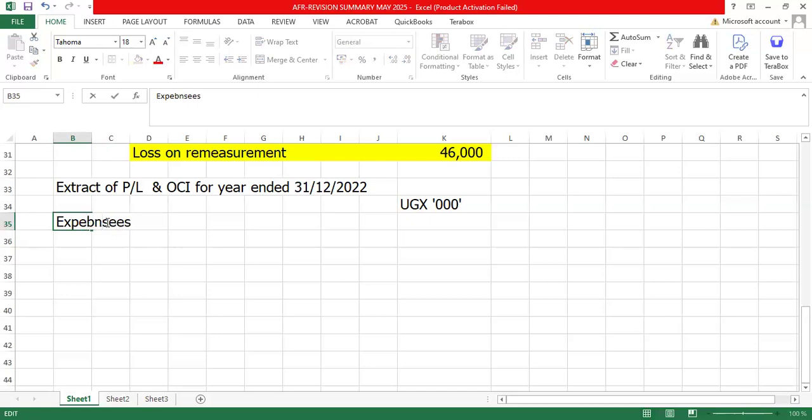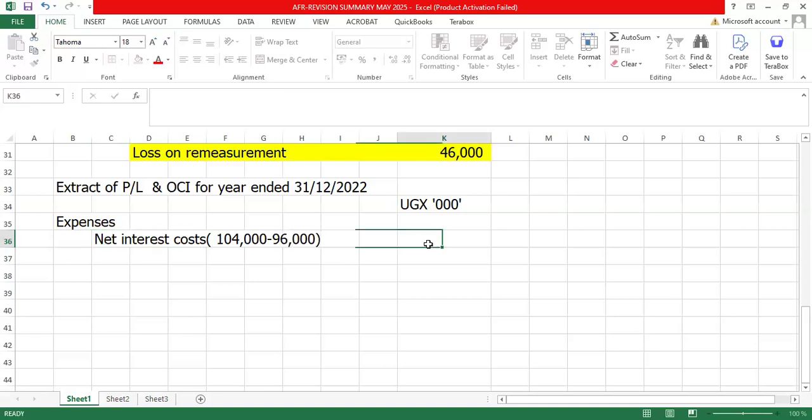Expenses. Expenses, so you can start with net interest costs. The difference, please show the examiner that you're getting the difference between 104,000 and you're subtracting 96.